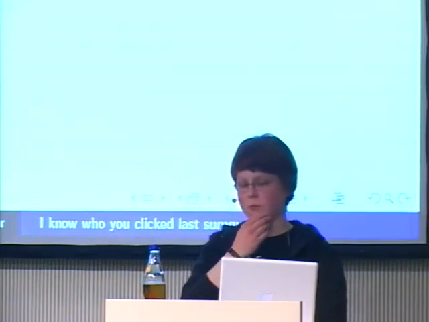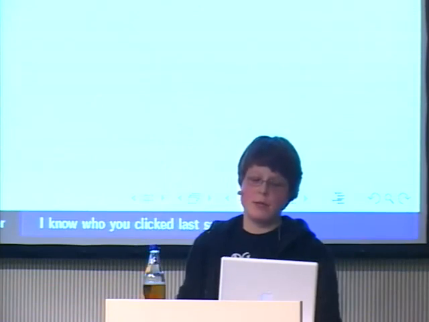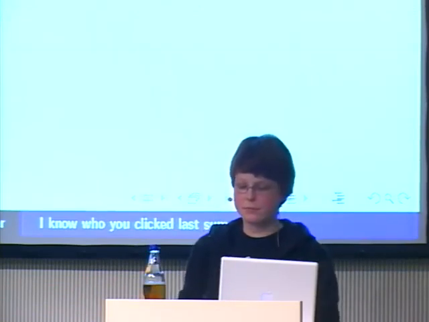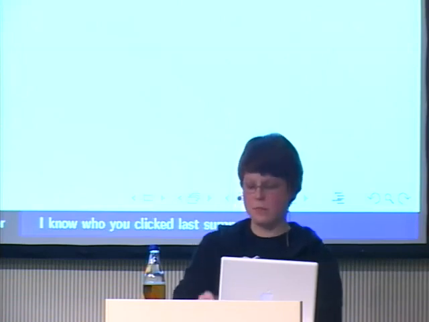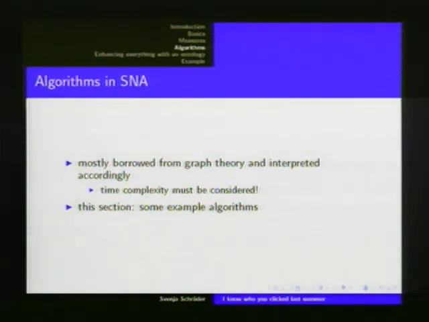Then I'm going to show you briefly only two algorithms, because I picked out two which I thought were very basic and very interesting. There are very many ways of computing things, so there are very many algorithms. Algorithms in social network analysis are mostly borrowed from graph theory, of course, because a social network is, as I mentioned, a network and a graph.